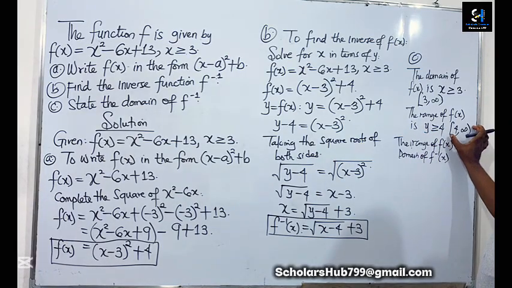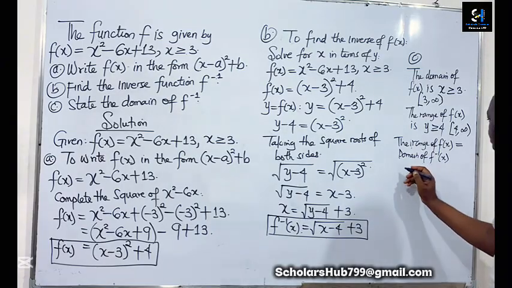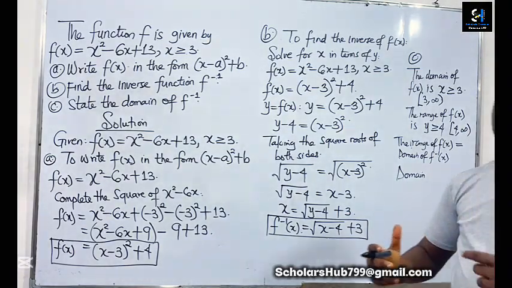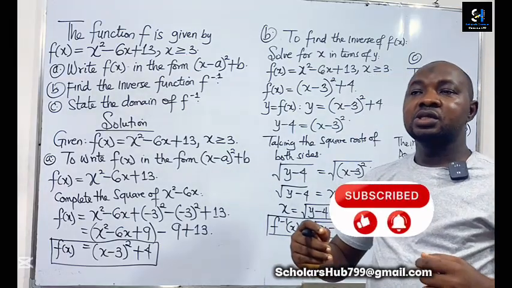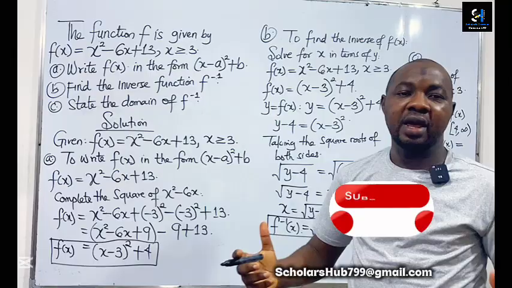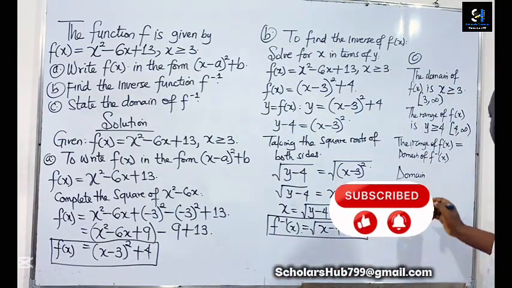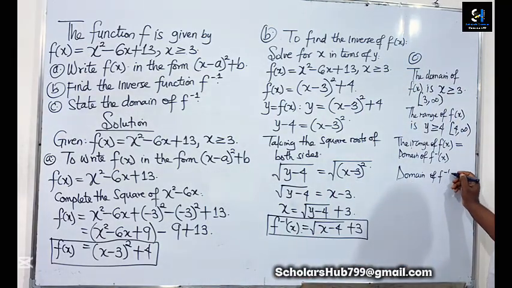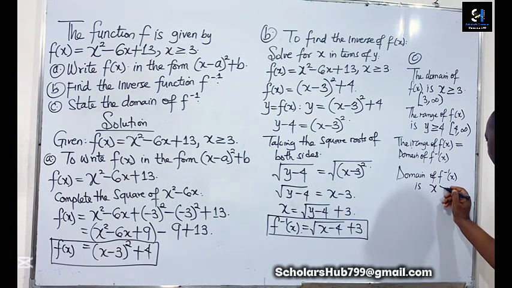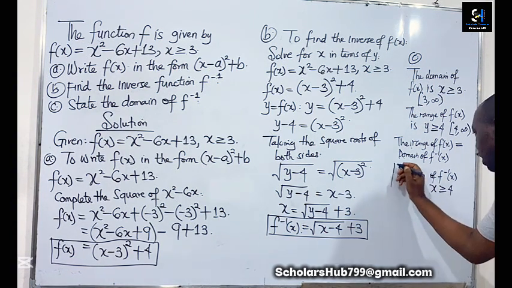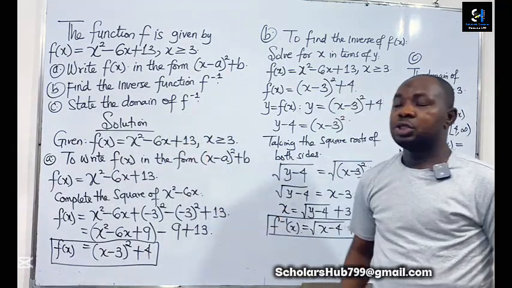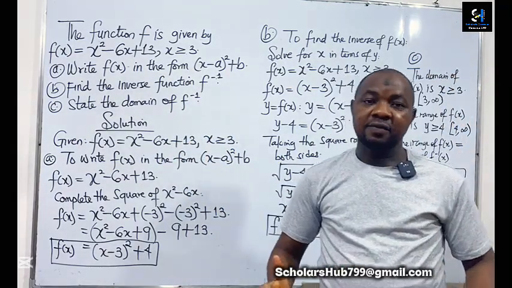Now domain will be the value of x. Let's not forget that the domain is the set of all permitted values of x. So the domain of the inverse of f of x is x greater than or equal to 4. And this is the answer to the question.